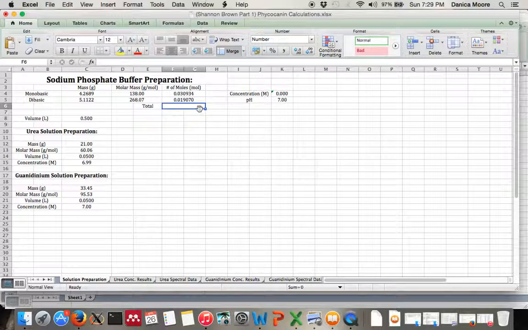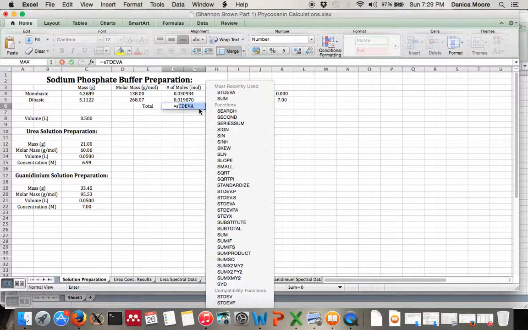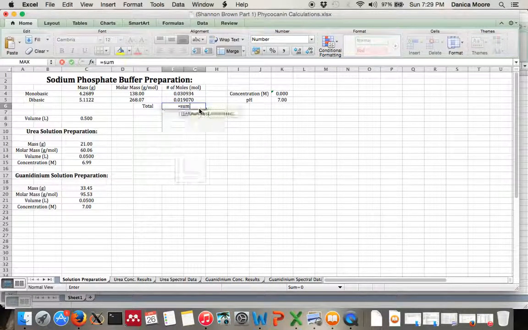Now here for the total, one of the other calculations that we can use is anytime we want to put a formula in, we're going to start it off with equals, and we're going to put SUM, and we're going to put parentheses. And once you see the parentheses, you can see here that the sum is a function because it's in blue. And it's going to tell you exactly the kind of input that it wants.